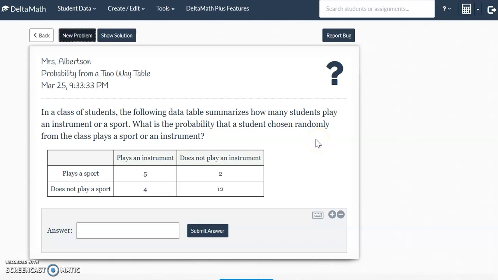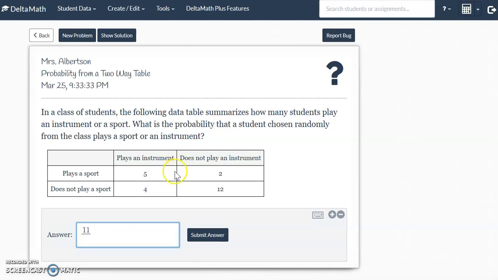or an instrument? Okay, so we have 9 that play an instrument, and then we have 7 that play a sport, but we already counted those 5. So we have 9 that play an instrument and 2 more that play a sport. So that gives me a total of 11 slash, out of.